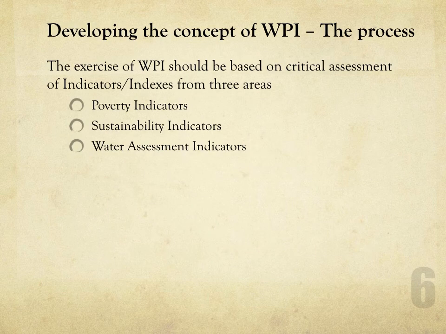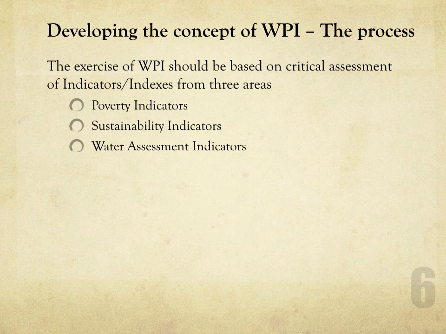But anyways, she says that this exercise of WPI should be based on the critical assessment of indicators or indexes from three areas. One is the poverty indicators, which are already there. Second are sustainability indicators, and third are the water assessment indicators.